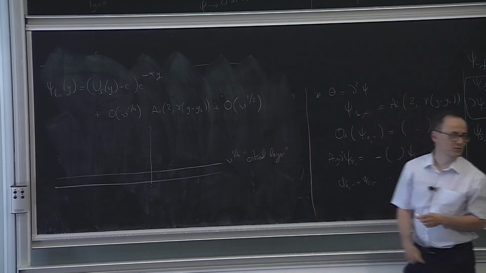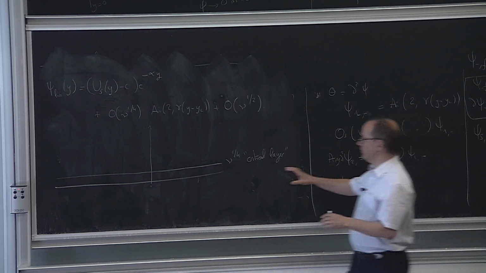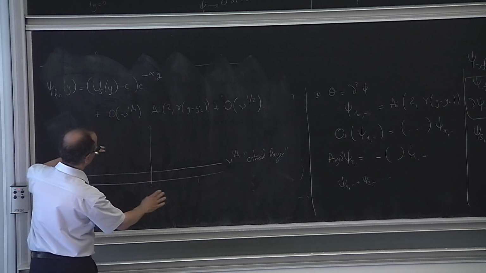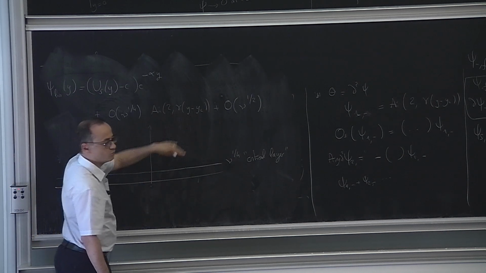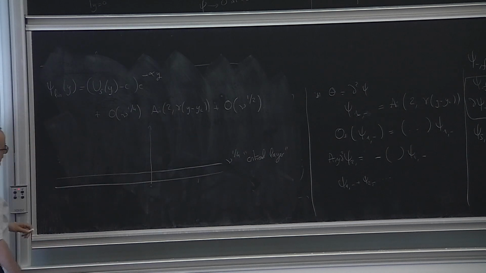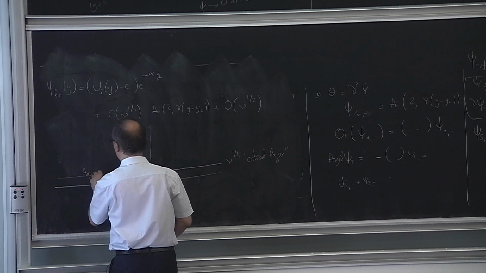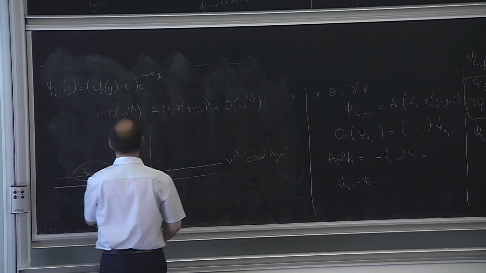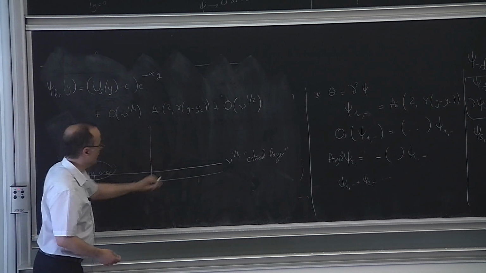That's why just before I said nu to the 1/4 instead of nu to the 1/2. So you have a critical layer. In the critical layer, you have the Airy function which enters into play. So here you have a very complex flow. So it's described by Airy here. You have the Airy function which describes what happens there.